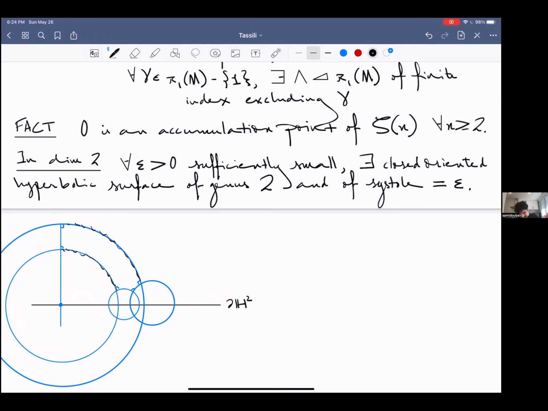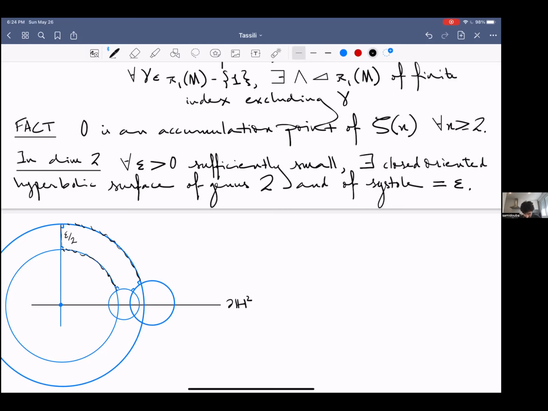So I've constructed, for every epsilon, and in fact here you will want to make this epsilon over 2, the hyperbolic length of this side to be epsilon over 2.